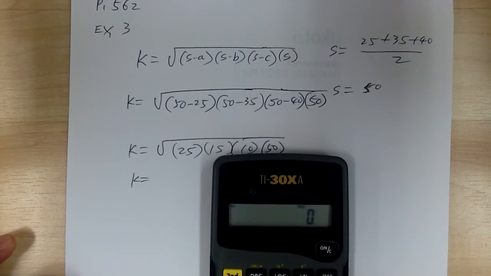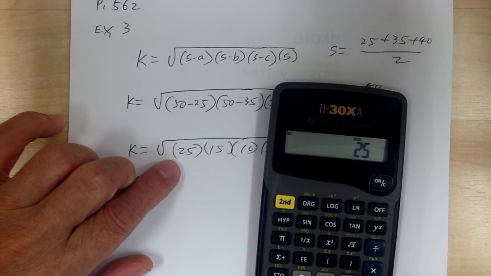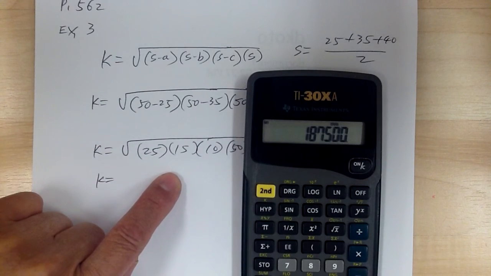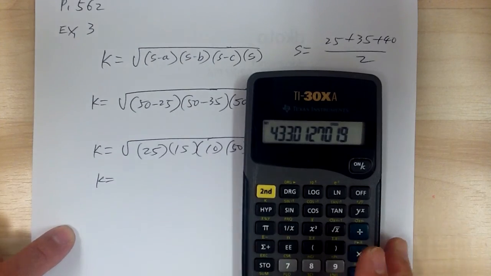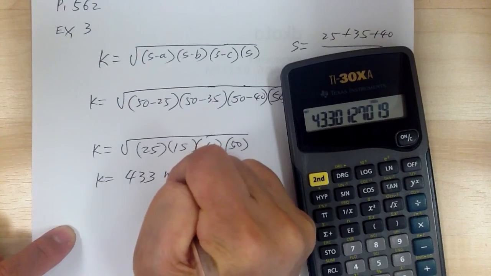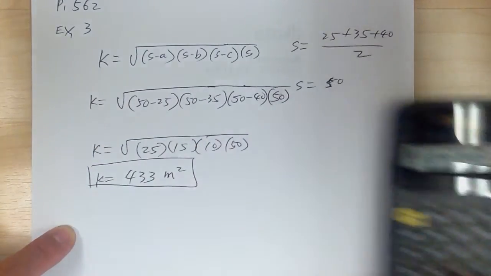So you can go and work it out. So 25 times 15 times 10 times 50. Now make sure you push equal before you take the square root. So you get 433 meters squared, and that's it.